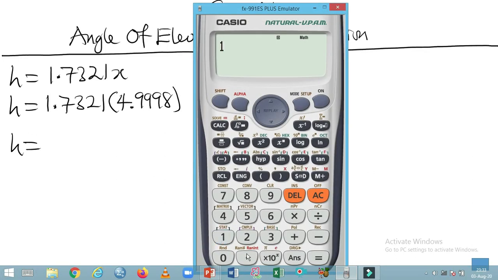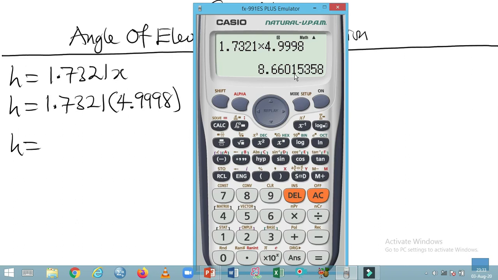So we now have 1.7321 times 4.9998. Let's see what we have. We are going to have 8.6602, because we are approximating to 4 decimal places.